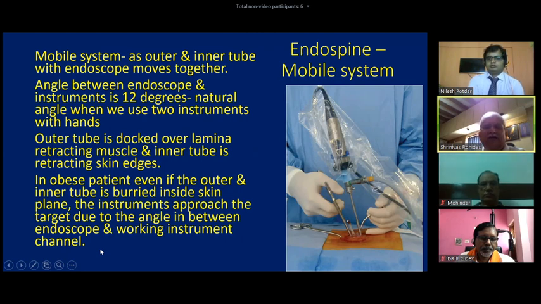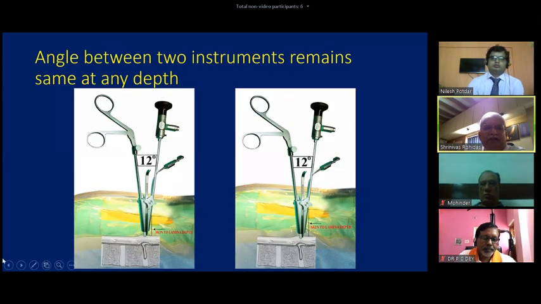That angle doesn't change. So in an obese patient, that angle doesn't become acute, or in a thin patient, that angle doesn't become wider. You can understand here, this is the outer tube with the inner tube and the angle between the instrument and the endoscope, which is 12 degrees.